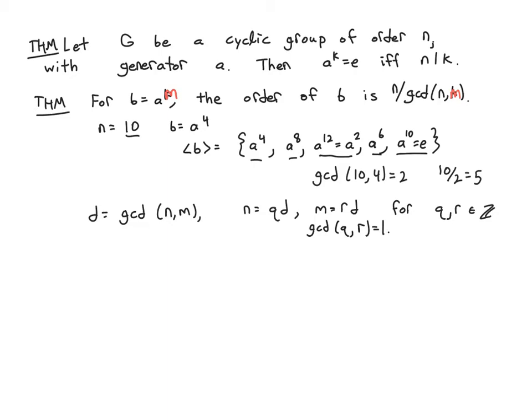There'd be something even larger. Well, let's look at a to the k equal to the identity. Or I should be more careful. So we're looking at a to the m, and we're looking at powers of it that are the identity.